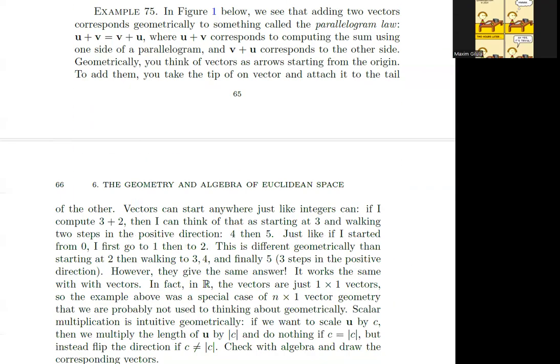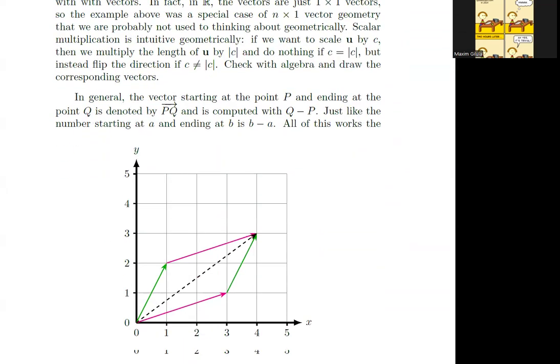So in figure 1 below, which we'll get to soon, we see that adding two vectors corresponds geometrically to something called the parallelogram law. So here it is.